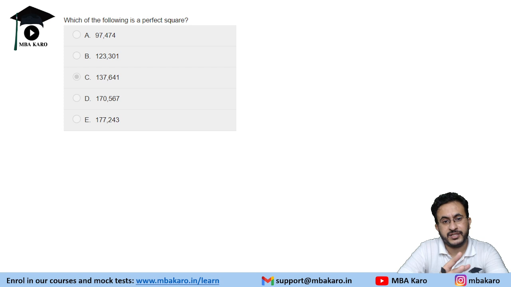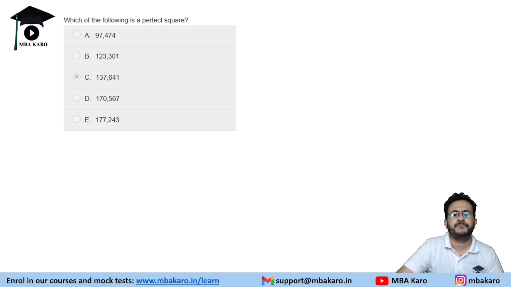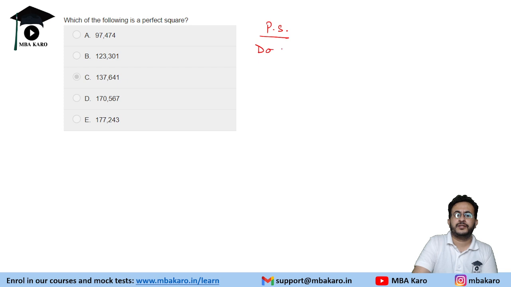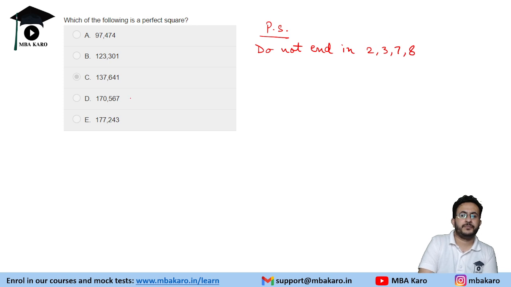Which of the following is a perfect square? Now, this is a question which needs to be done by some properties of perfect squares. So, I will give you those properties. First property is that perfect squares do not end in 2, 3, 7, 8. Okay, so that means these two options get eliminated, right?